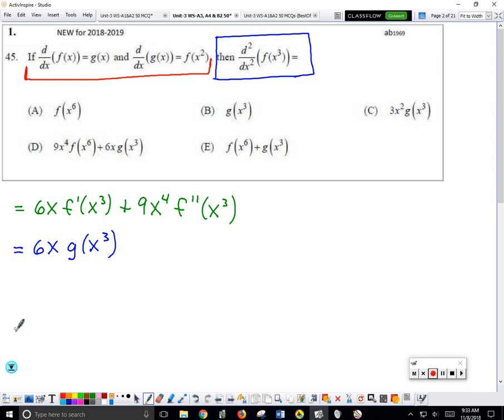And then here, the derivative of g, let's write that out. It's a little hard to see. Look. The derivative of g is g prime. So g prime is the same thing as f of x squared. But I already know that g is the same thing as f prime.